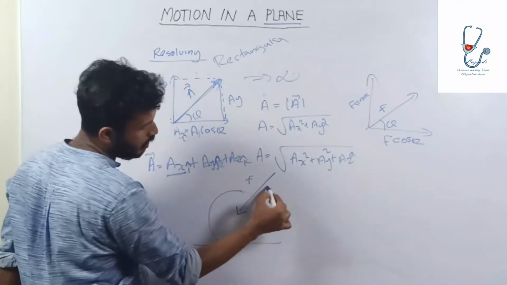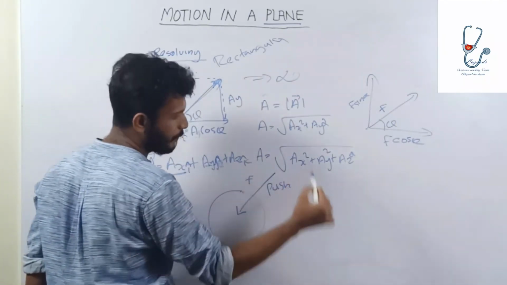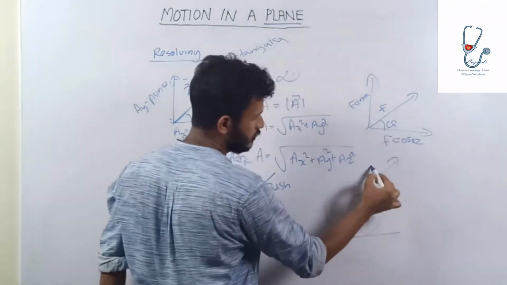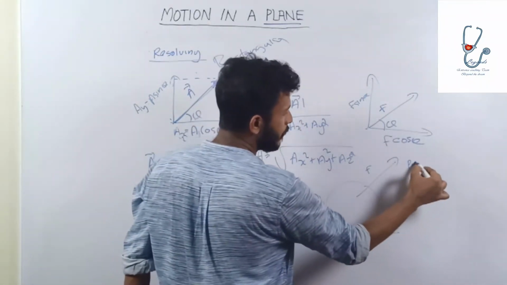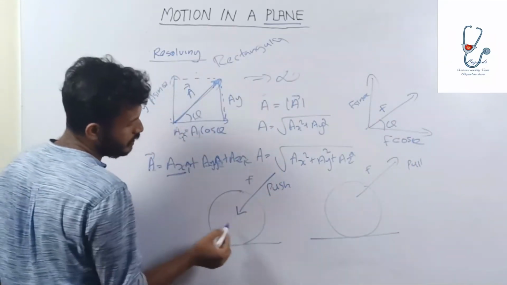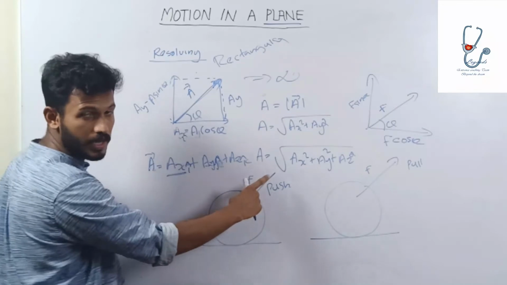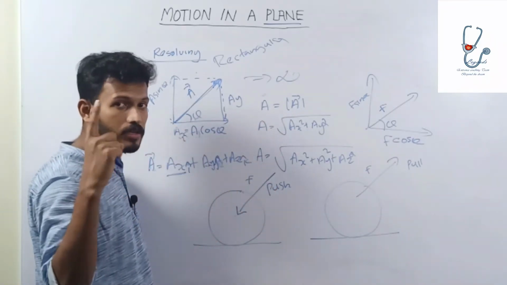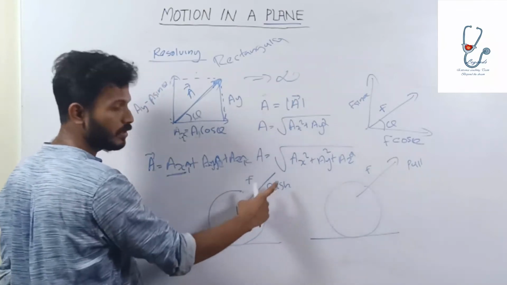This is called push. And this is pull. We can resolve this push and pull force. Irrespective of their location in space, a vector can be transformed. That is the important statement in this chapter.